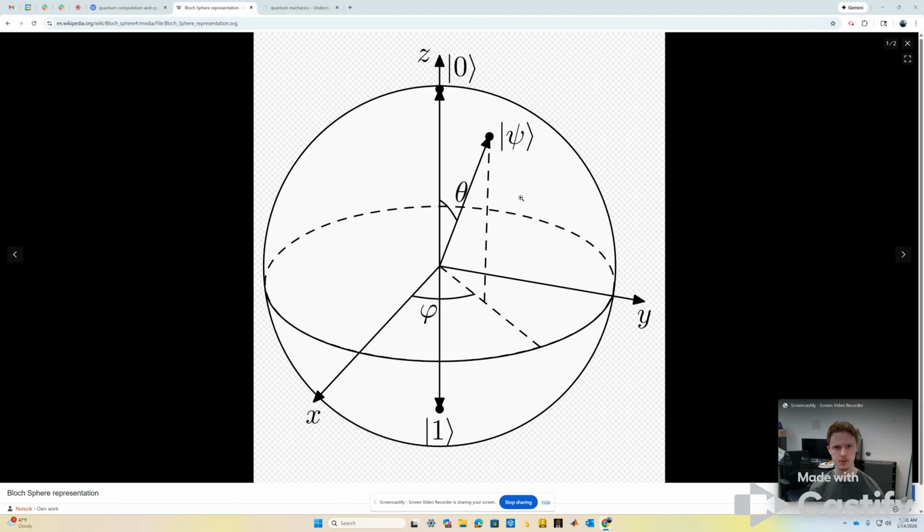Well, it all comes down to the relative positions of both ket 0 and ket 1. Let me break it down. So we can leave ket 0 and ket 1 where they are, but we can take the alpha and the beta, and transform them into polar coordinates.